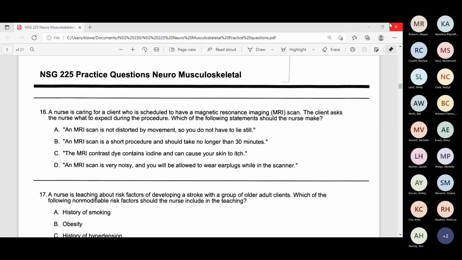MRI, we don't use contrast dye. Okay. It is distorted by movement. Okay. And it depends on how extensive the process is and what they're scanning to determine how long it's going to take. So something we know consistently is that it's noisy and they can wear earplugs.